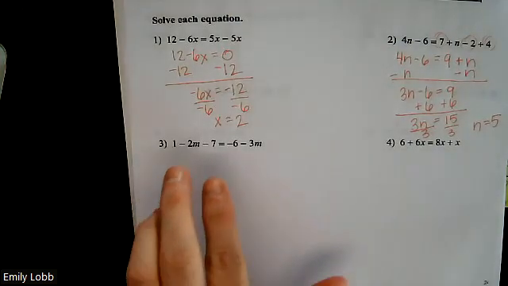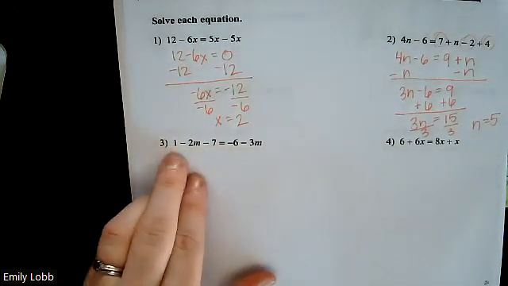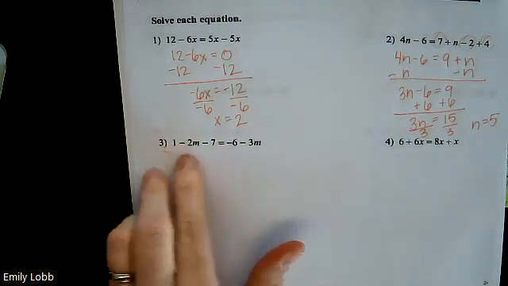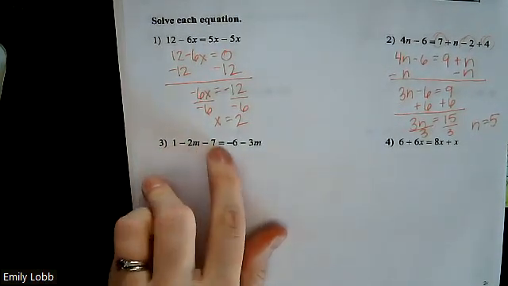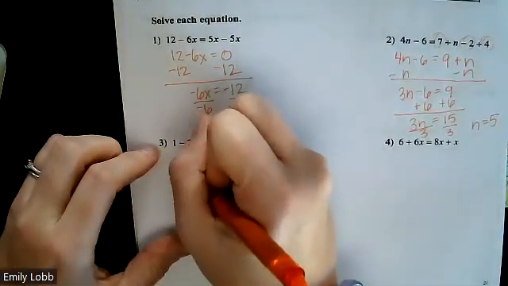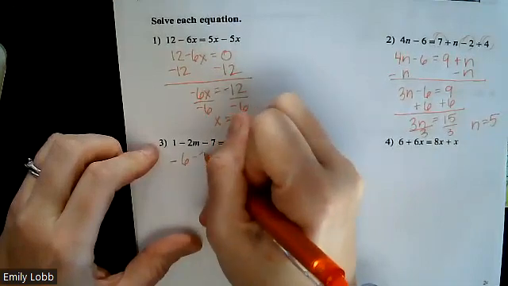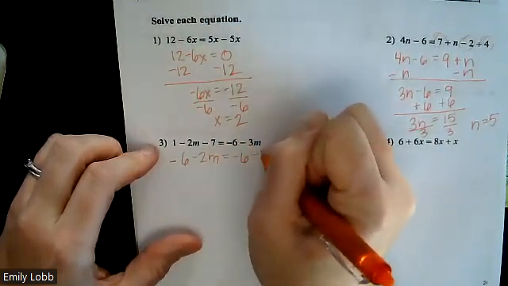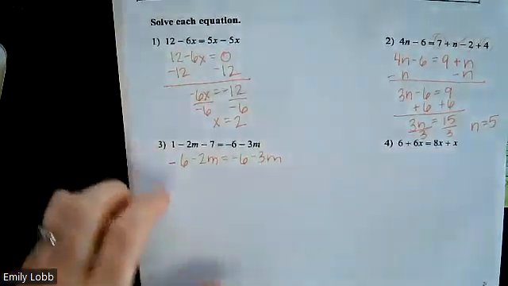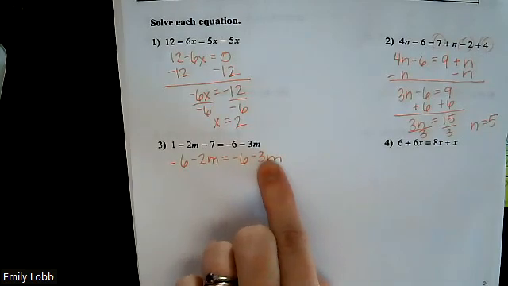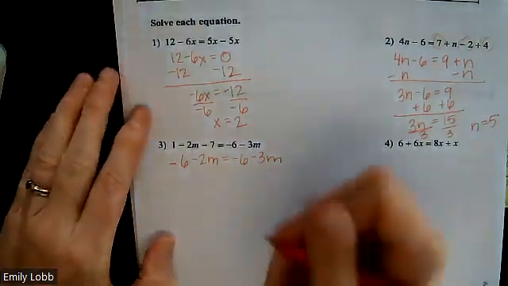All right, so I notice we can combine some things on number 3 on the left. I have 2 constants. What's 1 minus 7? Negative 6. Bring down your negative 2m. Bring down the rest of your problem. And now I can either add 2m to both sides or add 3m to both sides.